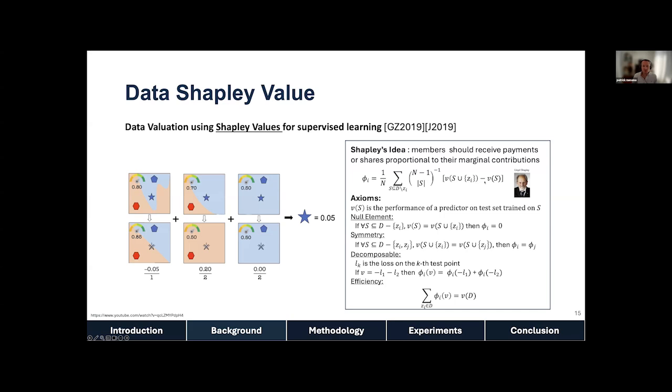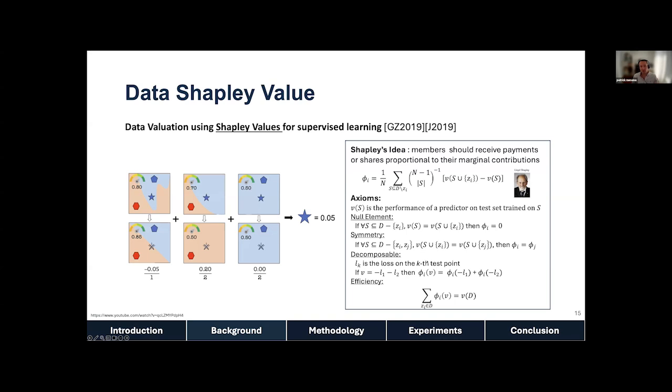And what's interesting with Shapley values used for data evaluation is you can say, for example, that if a data point doesn't contribute to any subset of the dataset, it will get a Shapley value of 0. If 2 data points contribute the same way to all the subsets, they will get the same Shapley values.